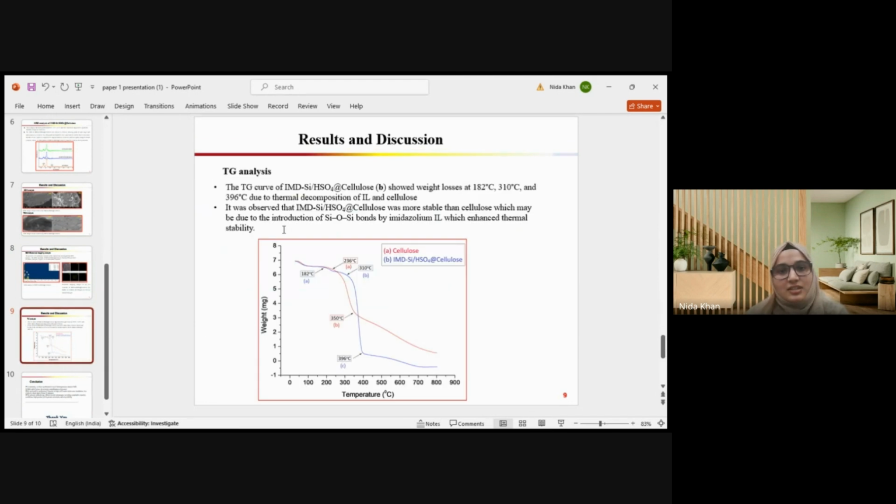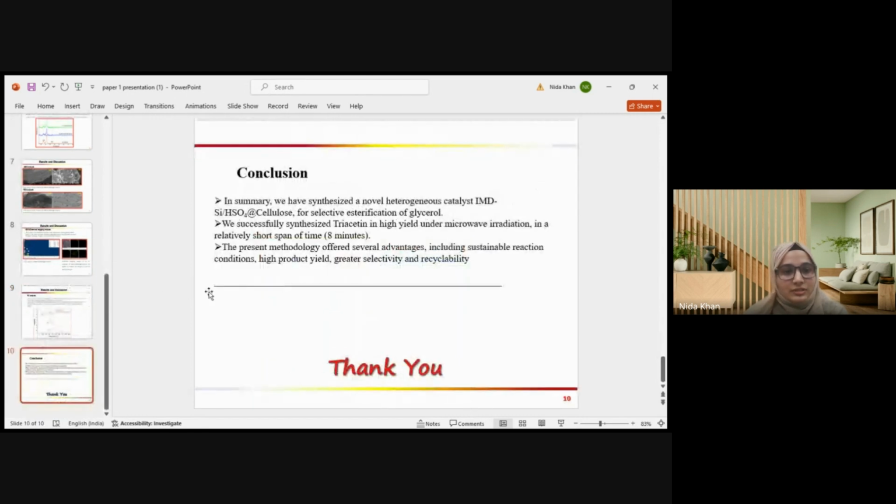In TG analysis, this is for cellulose and this is for the final catalyst, and it was observed that the final catalyst is more stable than the cellulose. It is due to the ionic liquid, which increases the stability of our catalyst as it contains Si-O-Si bonds.